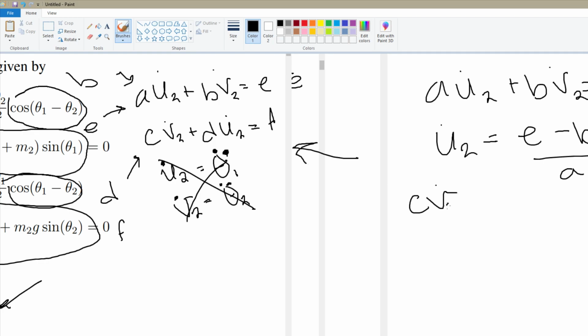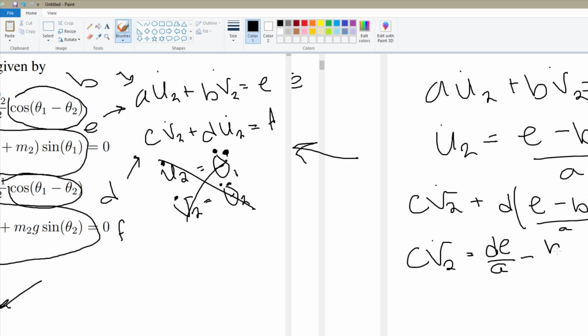C V dot 2 plus D times E minus B V dot 2 over A is equal to F. And then we're just going to do some math. And then we want to isolate our thing.